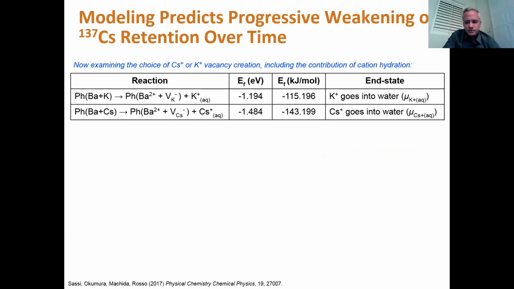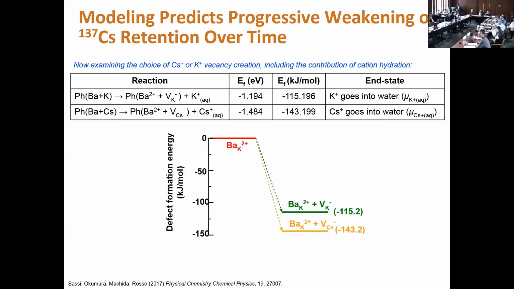Well, the answer is really no. Once that transmutation process begins, there is a strong driving force for the residual cesium to kick out back into solution, preferentially even to any residual potassium that might be in there.